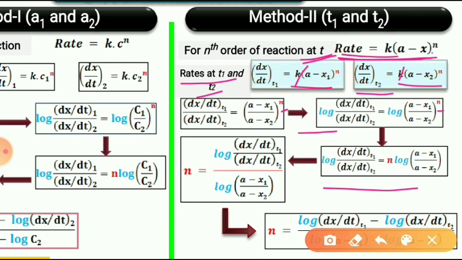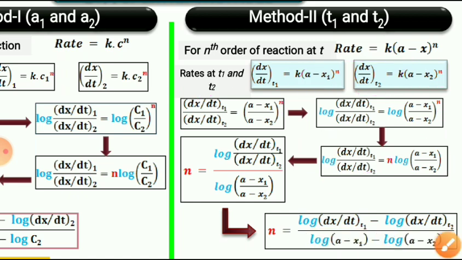Again from this we can calculate the value of n. For that we move this factor to the left hand side into the denominator, so we get n equal to log of dx upon dt at t1 upon dt at t2 divided by log of (a minus x1) upon (a minus x2).